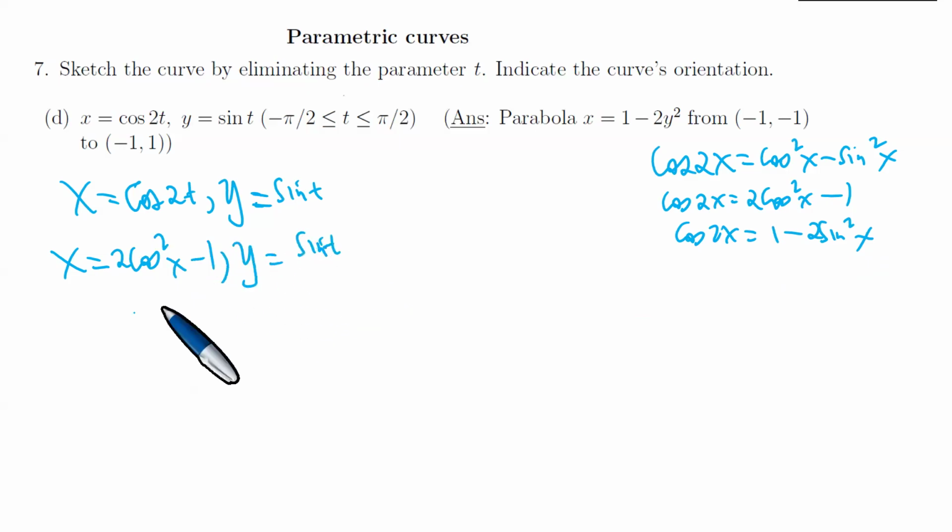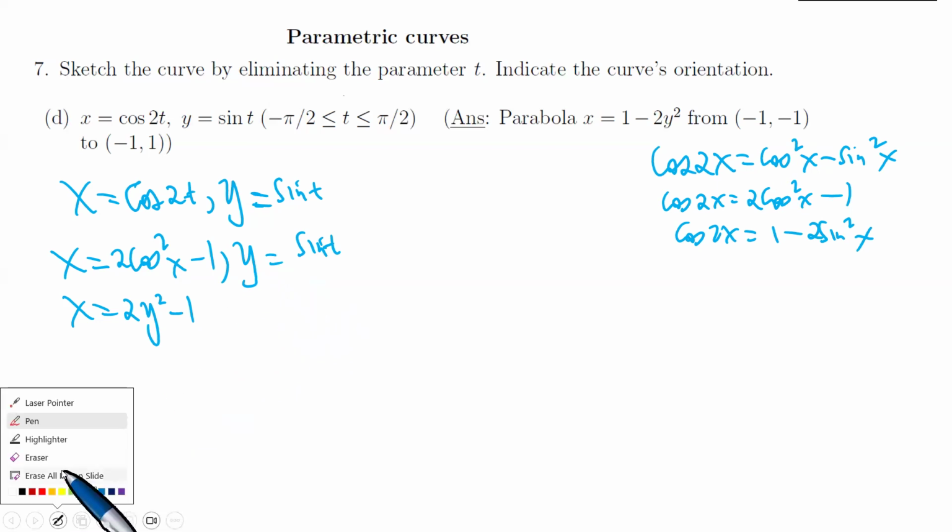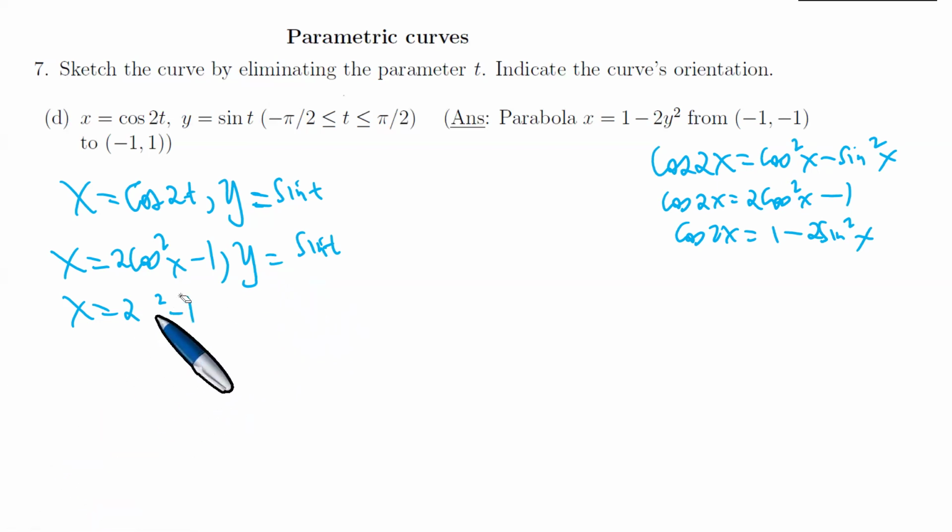Y is the sine of t. Let's see what you're getting here. You need to do it the other way.